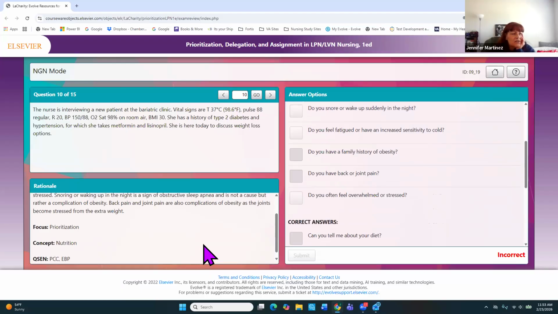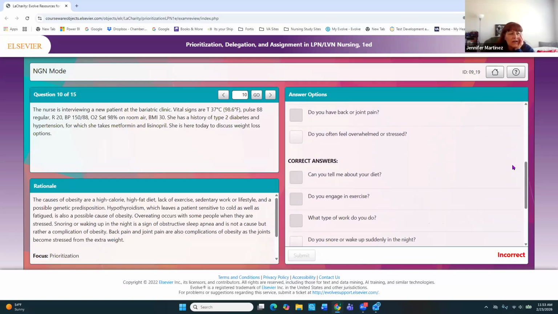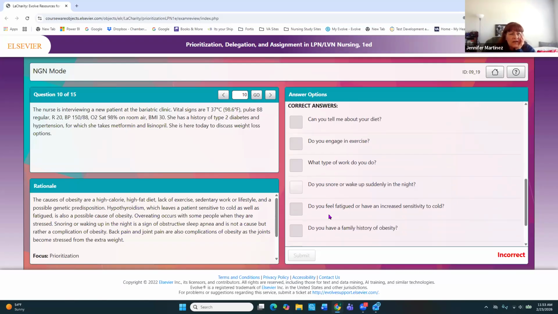All right. So, causes of obesity are a high calorie, high fat diet, lack of exercise, and sedentary work or lifestyle. So we would want to ask about the work because maybe she sits behind a desk all day, right? Or doesn't get up. And a possible genetic predisposition. Feeling fatigued or increased sensitivity to cold, right? That could be related to hypothyroidism as a possible cause of obesity.